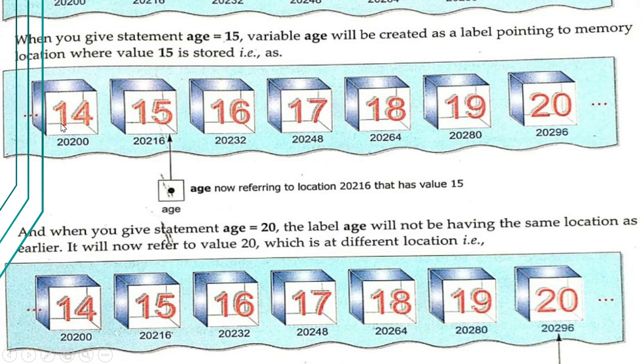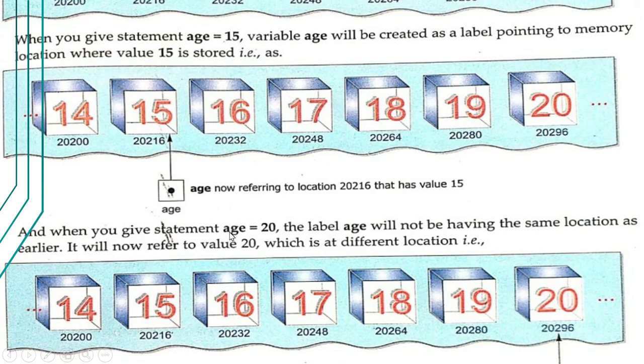Let's suppose some common integers like 14, 15 and so on are already stored in memory at 20200, 20216 and so on. When we declare one variable age holding the value 15, age is the symbolic link for this value 15, stored at memory address 20216.